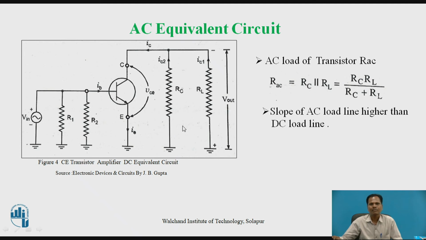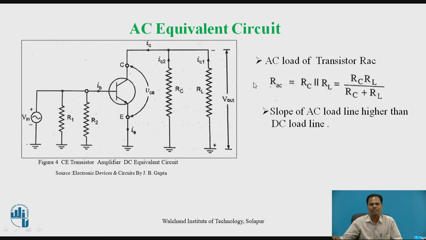So from this, the load resistance of the transistor, considering AC analysis, changes from the DC load resistance, that is RC plus RE, to RC parallel RL. The collector resistor comes in parallel with the load resistor RL. That is the load resistance for the transistor, considering output collector current IC and AC collector to emitter voltage.